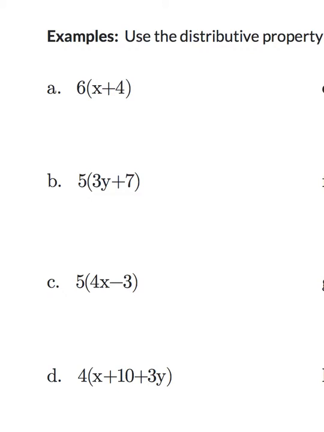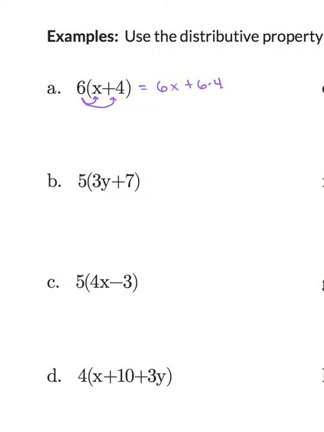If we start with example A, we have 6 times x plus 4 inside parentheses. So I'm going to start by multiplying everything by 6. We get 6 times x equals 6x. We get plus 6 times 4.